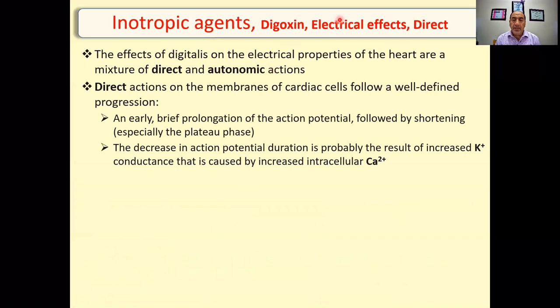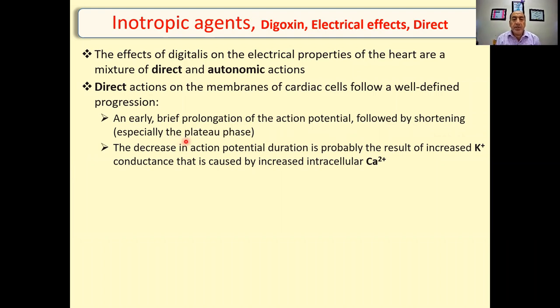So the second effect is the electrical effect, which are either direct or autonomic effects. Direct actions start with a brief prolongation of the action potential, followed by shortening of the action potential, especially in the plateau phase.